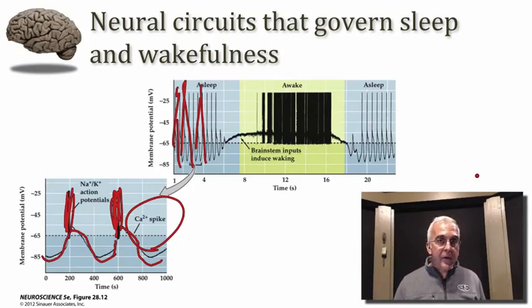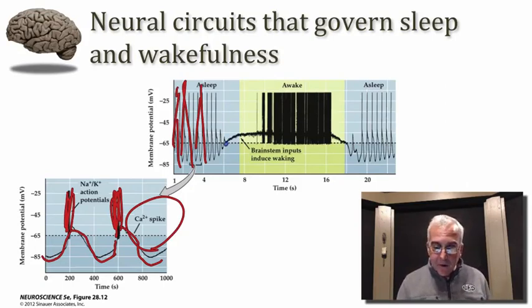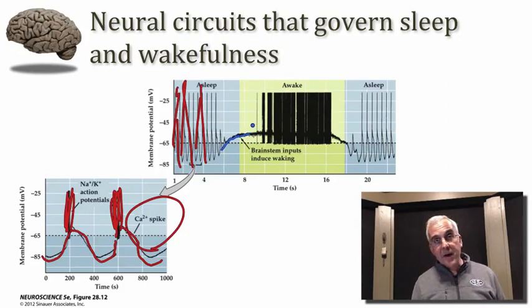Through one means or another, depolarizing these thalamocortical neurons will shift them out of their oscillatory mode into a tonic firing mode. And we see that here with this gradual depolarization of the membrane potential. In this instance, it was induced by activating brainstem inputs from the cholinergic nuclei and from the locus coeruleus.